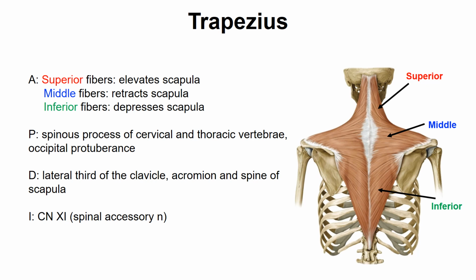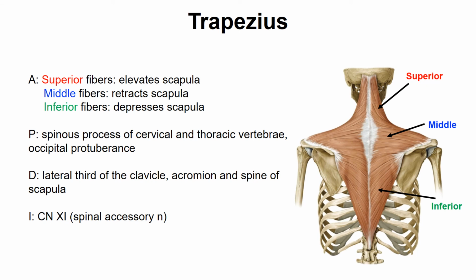This broad attachment area, as well as the different fiber directions, allows for each of these 3 parts to have a different function. So your superior fibers of your trapezius are going to help elevate your scapula, like shrugging your shoulders. Middle is going to help retract or pull towards midline, and then your inferiors are going to help depress your scapula or move your shoulders down.